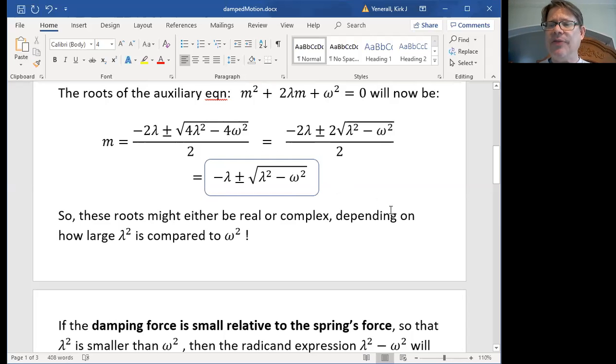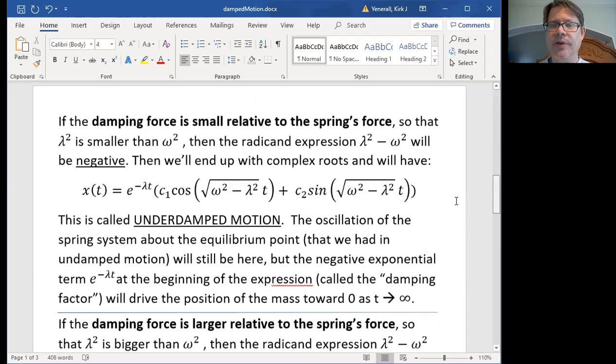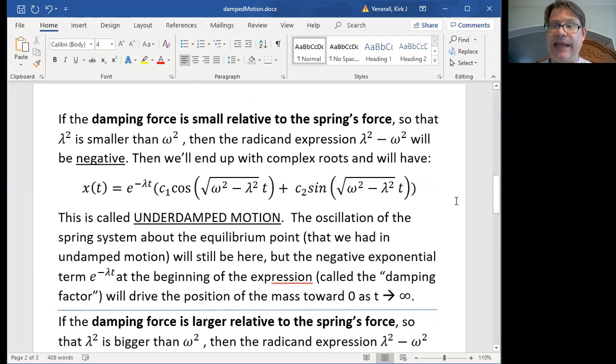So let's take a look at 3 possible cases here. One case could be that the damping force, which is our lambda, which is coming from the beta constant, could be small relative to the spring force.